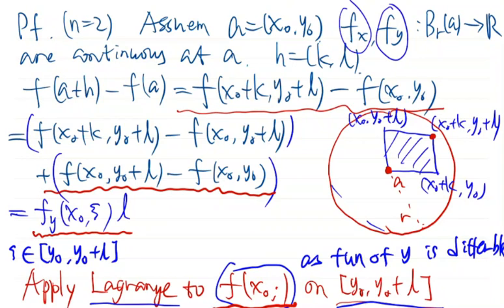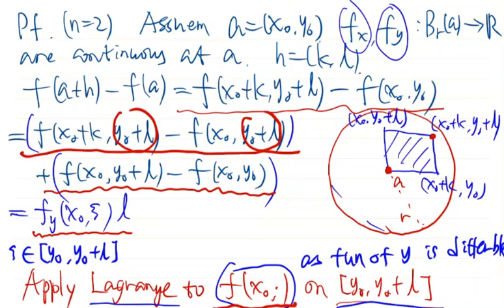Similarly, the first difference here can also be converted to a single variable function. Now the second variable is fixed as y0 plus l, but the first variable changed from x0 to x0 plus k.